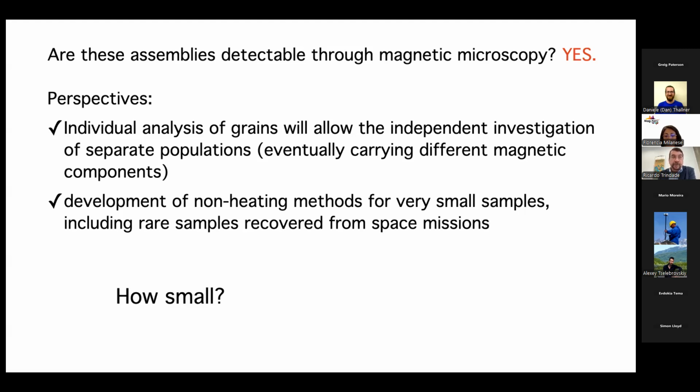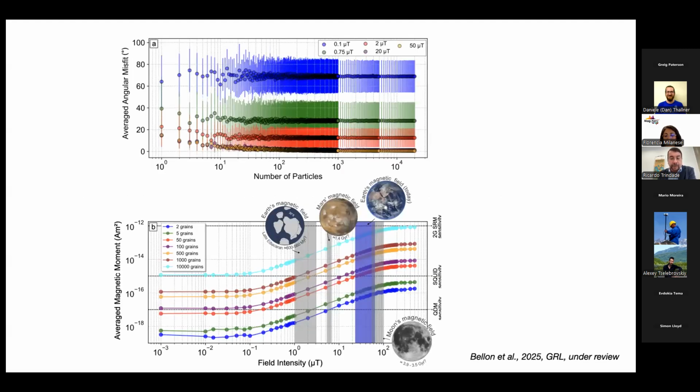Using the single vortex models, we have restudied this aspect, and this is a result that we have now in a paper under review.